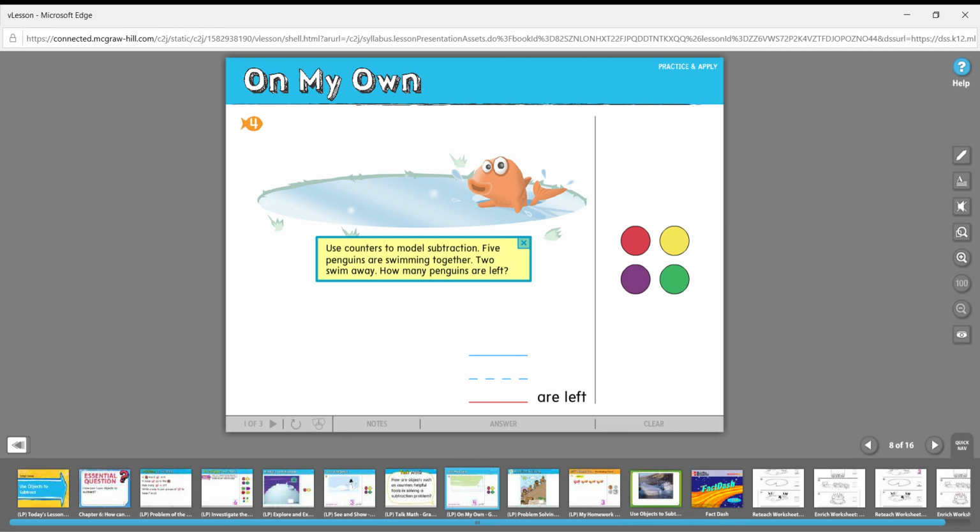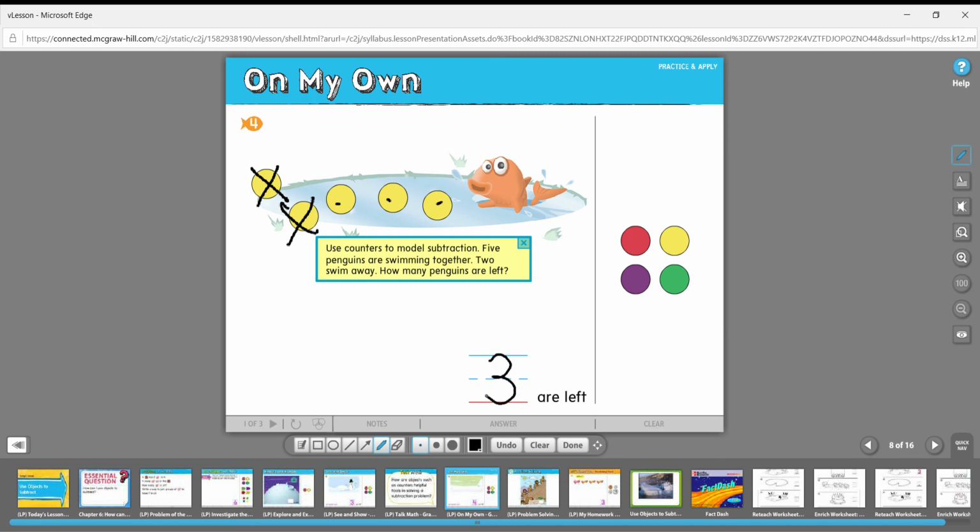Those are not penguins. Unless we're supposed to draw penguins. Maybe we're supposed to put the penguins with the fish. Okay, well, let's put them here. There's 5 of them. Either way. 1, 2, 3, 4, 5. How many swim away? 2 swim away. Let's cross out 2. 1, 2. How many are left? 1, 2, 3. 3 are left.